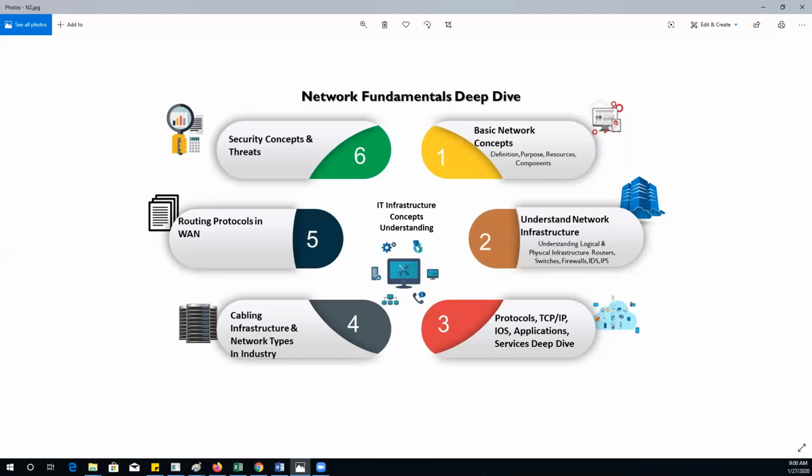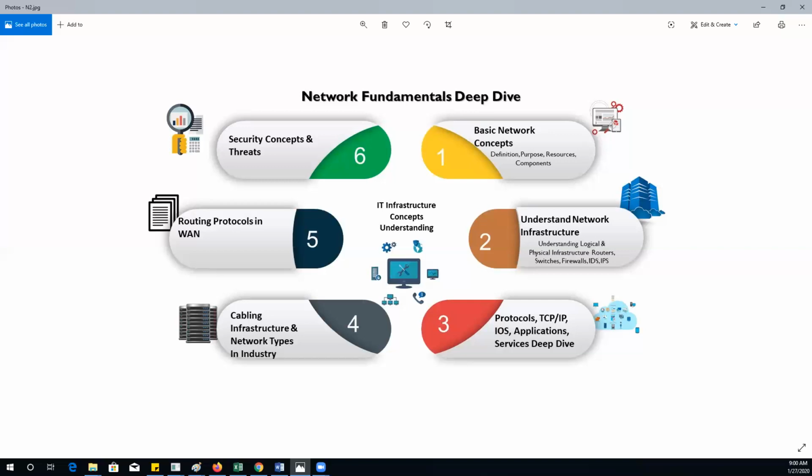When we start browsing on the internet, there are a number of technologies involved in this communication and connectivity. So how do our packets travel over the internet? We will deep dive into this concept, which is called routing protocols in the wide area network, or over the internet.